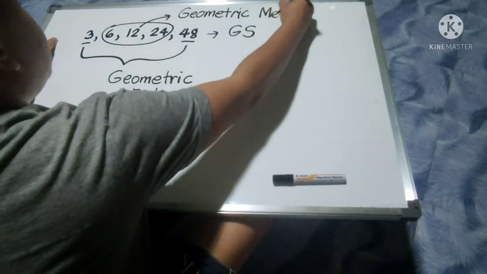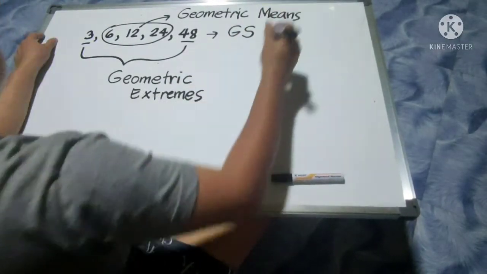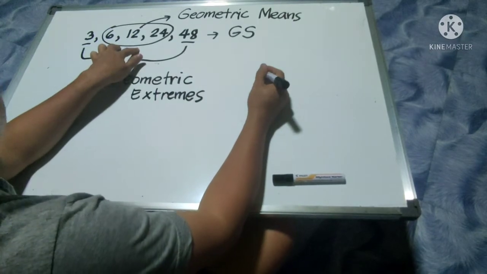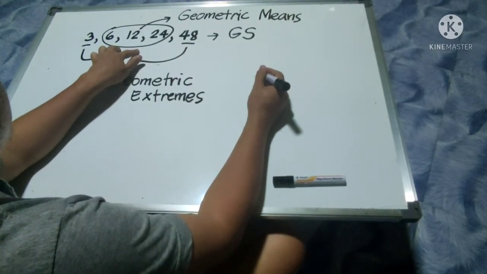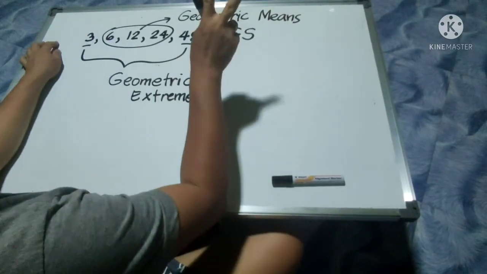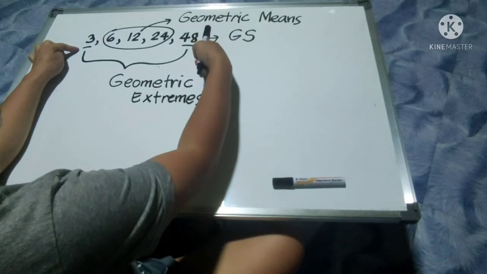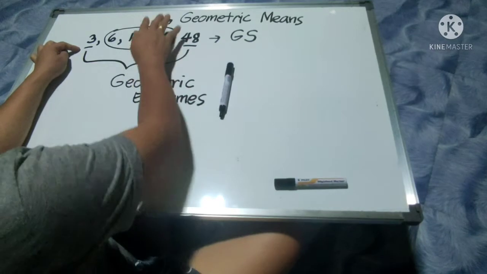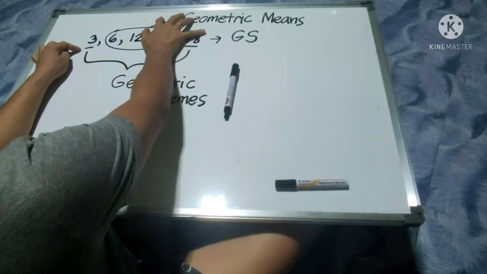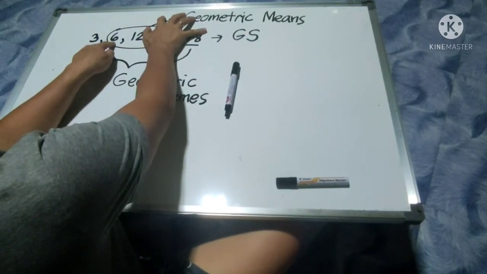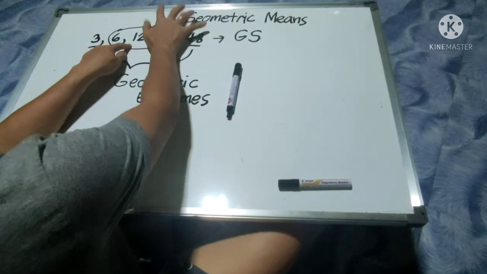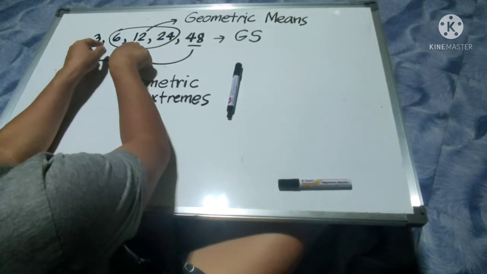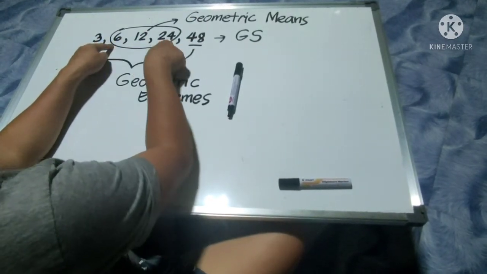So if you will say geometric means, these are actually the terms that are found between any two non-consecutive terms of a geometric sequence. So, 6 is the geometric mean of 3 and 12. 12 is the geometric mean of 6 and 24.